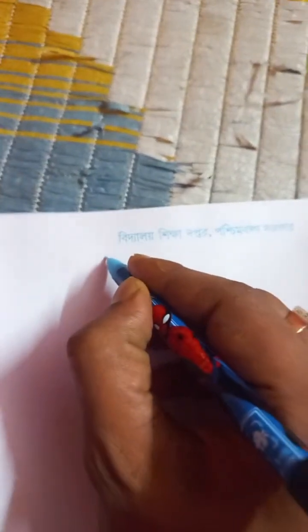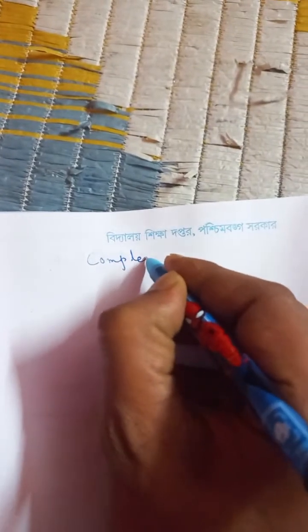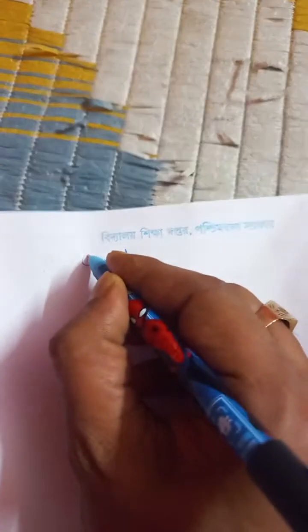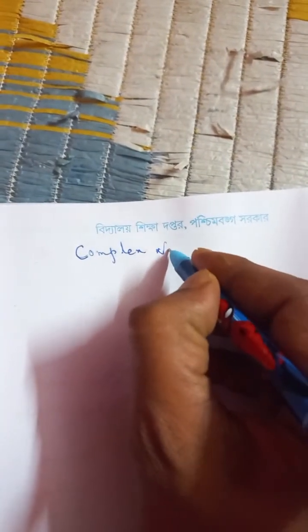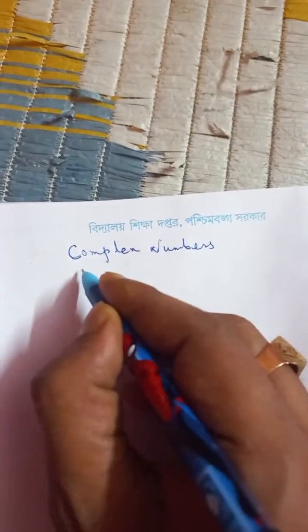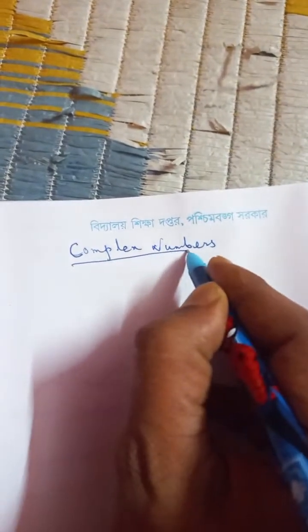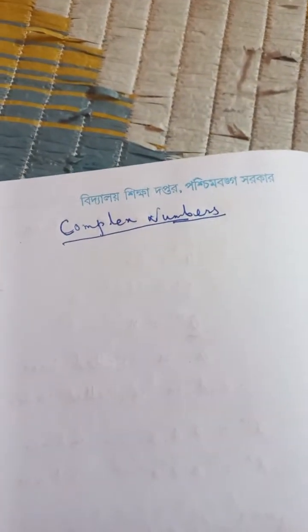So this is a complex number. How can we define a complex number?